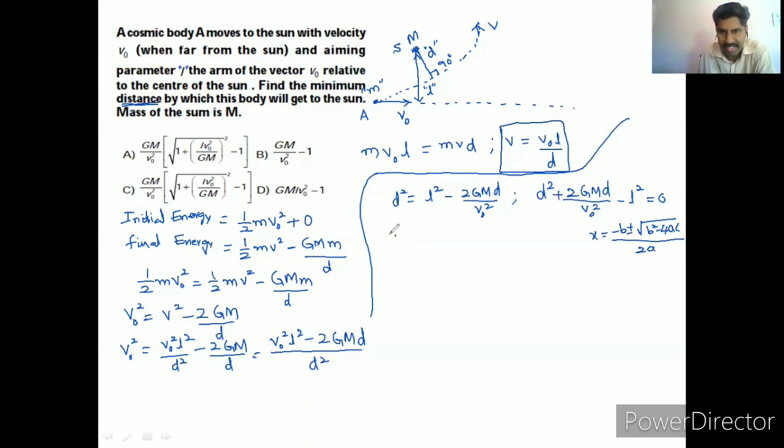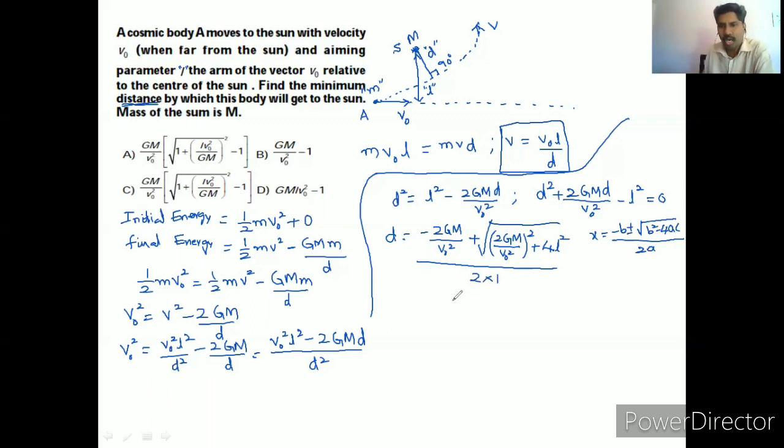Now here d is equal to minus 2GM by v naught square, plus under root of 2GM by v naught square whole square minus 4 into 1 into minus L square, which is nothing but plus, by 2a, meaning 2 into 1.